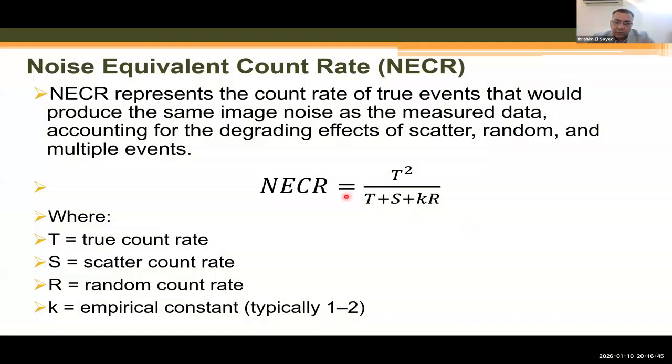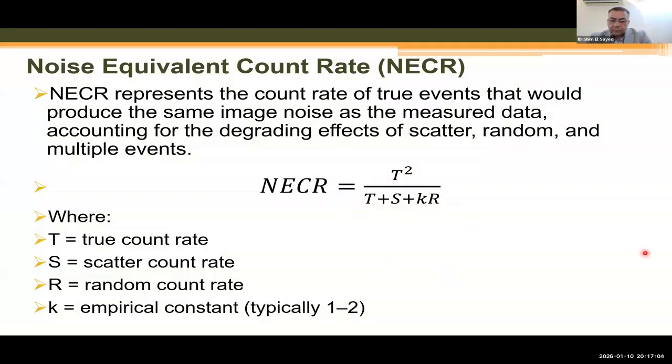So this is the equation. I know that you hate equations, but it is so simple. NECR equals T squared over T plus S plus R multiplied by k, which is the trues, the scattered, the randoms in the image.